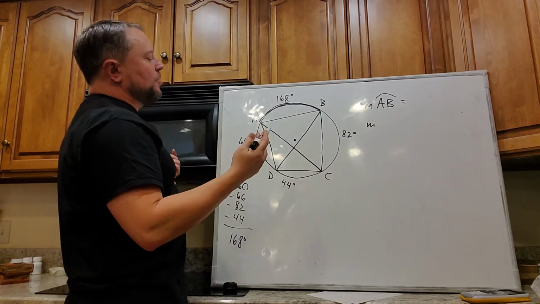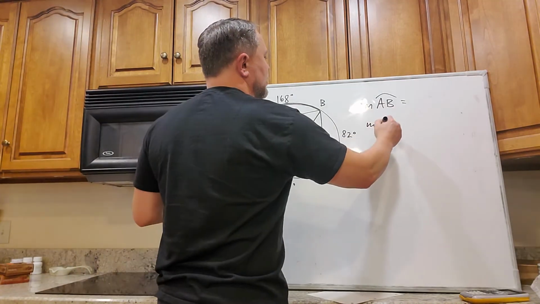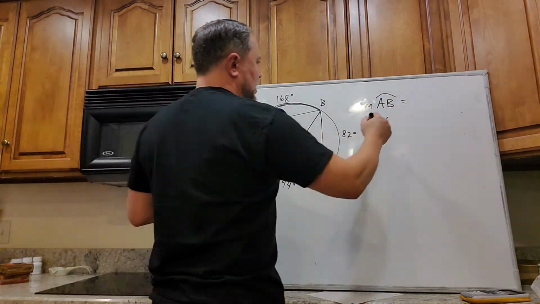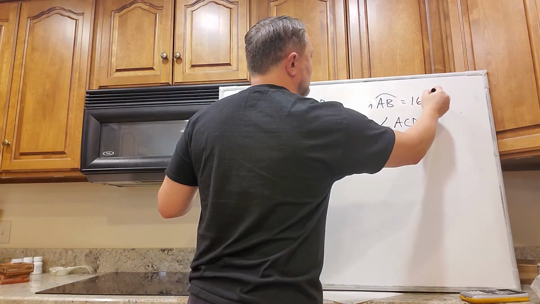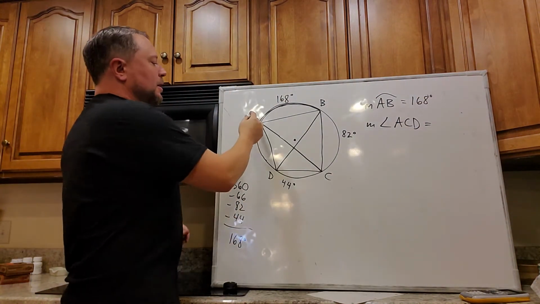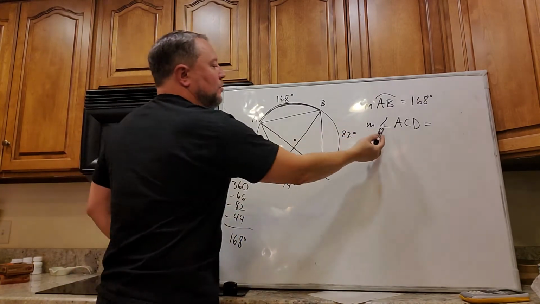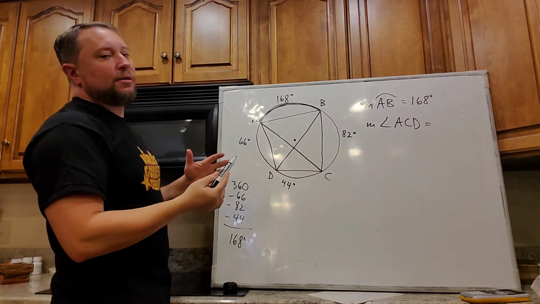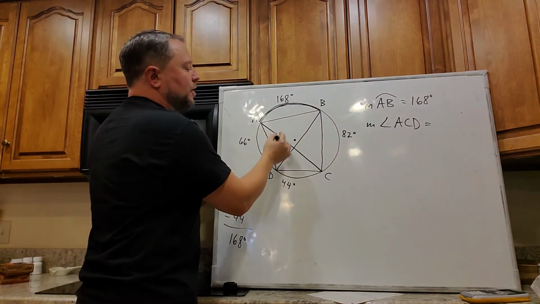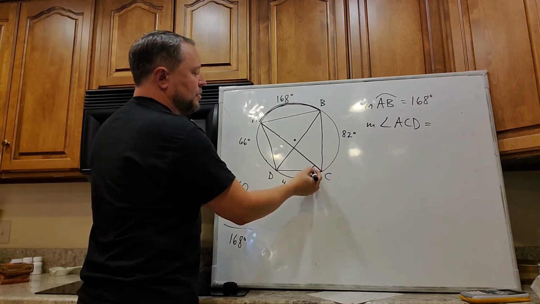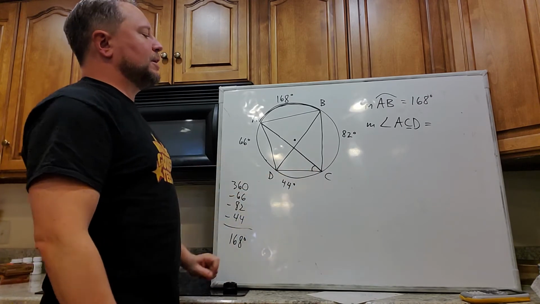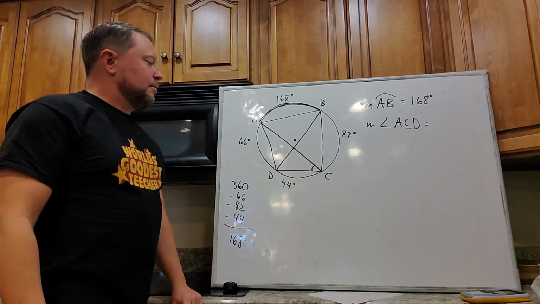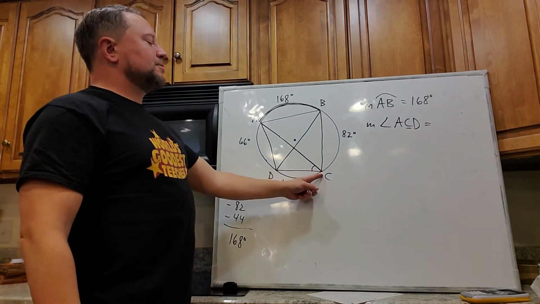For example, let's say I want to know the measure of angle ACD. ACD, that angle. Again, notice I put angle, not arc, angle. So we follow that, ACD with vertex at C. I'm talking about that angle right down there at C. Notice it's an inscribed angle.